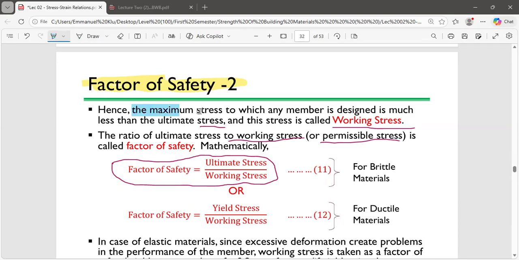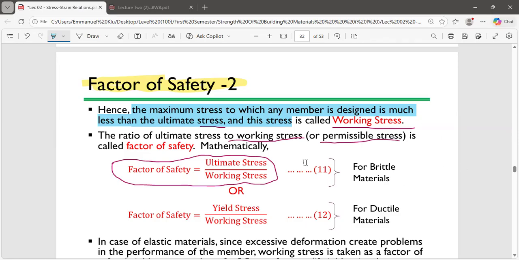Hence, the maximum stress to which any member is designed is much less than the ultimate stress, and the stress is called working stress. So the working stress is just the maximum stress to which any member is designed, to be less than the ultimate stress, and that is it. What is factor of safety? Factor of safety is actually the ratio of the ultimate stress to working stress.